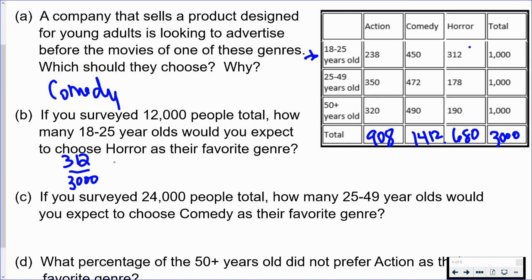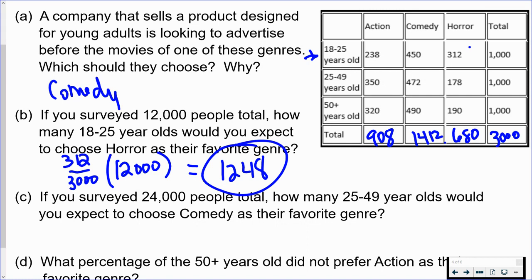So we can take that percentage and multiply it by 12,000 to find how many we would expect to be the same out of 12,000 people. Okay, so we're basically taking the fraction of 3,000 people and multiplying it by 12,000. You could also set up a proportion and it would end up doing the same thing. So if we take 312 divided by 3,000 and multiply by 12,000, that's going to give us 1,248 people. Okay, so 1,248 we could expect to have the same favorite.